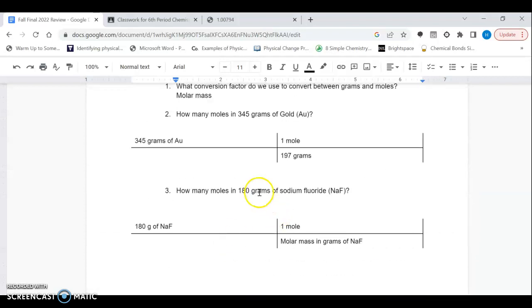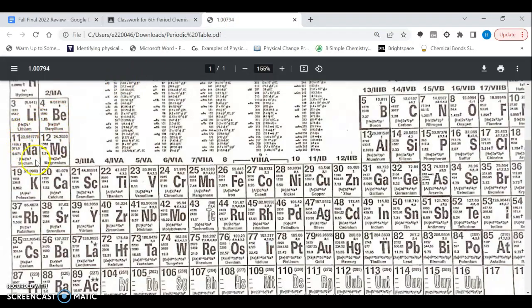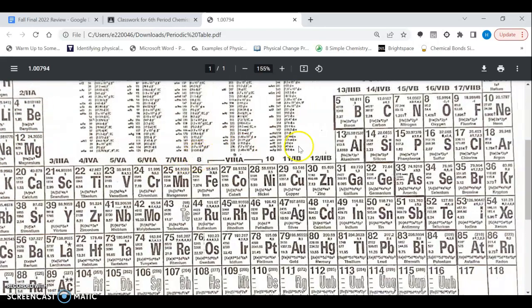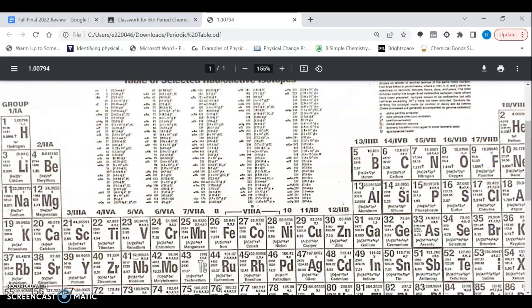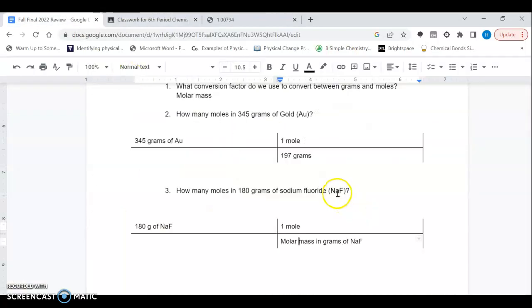Same thing here. To find the molar mass in grams for sodium fluoride, I go to the periodic table, sodium is over here. I'm going to go ahead and round that mass up to 23, so that's about 23, and fluorine over here, opposite side, is about 19. I have one of each of those atoms, as indicated by the fact that there's no number written as a subscript.